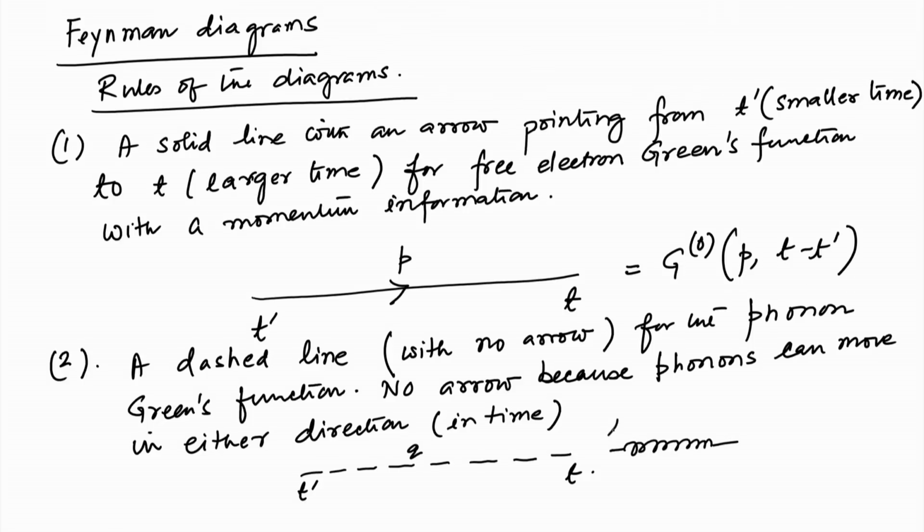So, this is t prime and t, it is also written like that, and it is written as D 0 q, t minus t prime. So, these are the electron and the phonon non-interacting Green's functions.